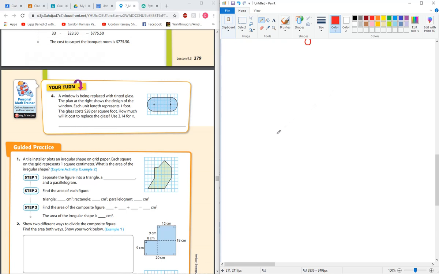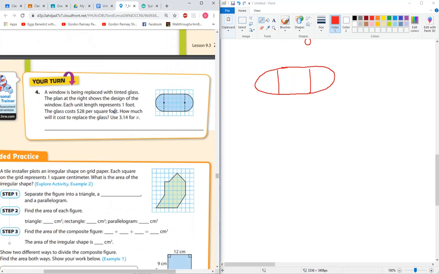so let's write down what we know right now. Right now we know we have this kind of shape. Okay, and let's just pretend that those are really pretty half circles. And we know that each unit length represents 1 foot. So let's zoom in here. Oops, not that one. Let's zoom in here.